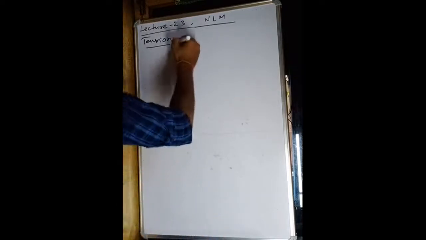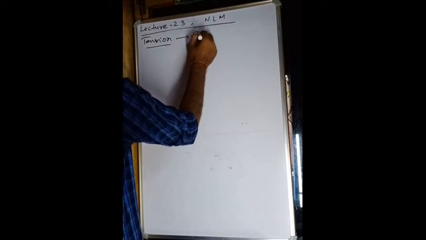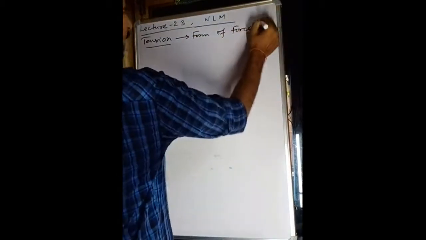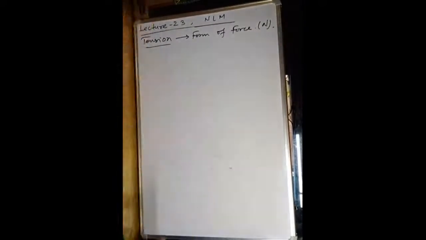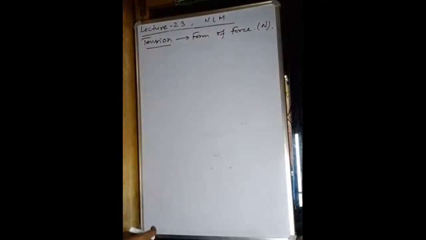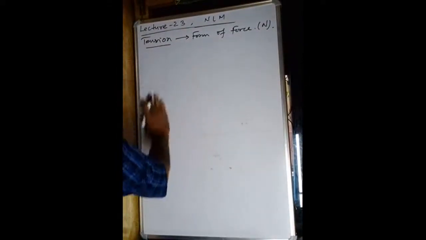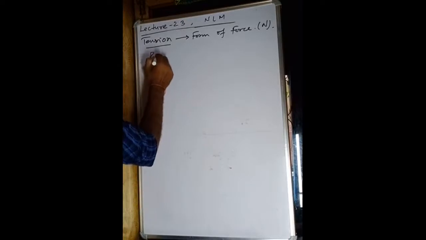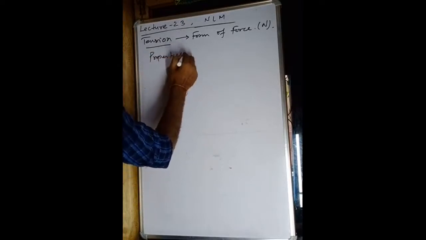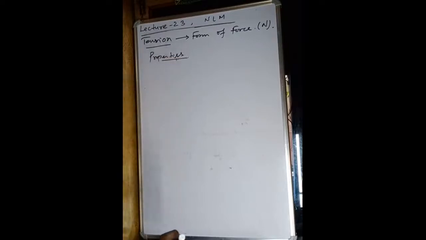So this is a form of force, and its SI unit will be Newton because this is also a force. Okay. Now some properties of tension we should keep in our mind.